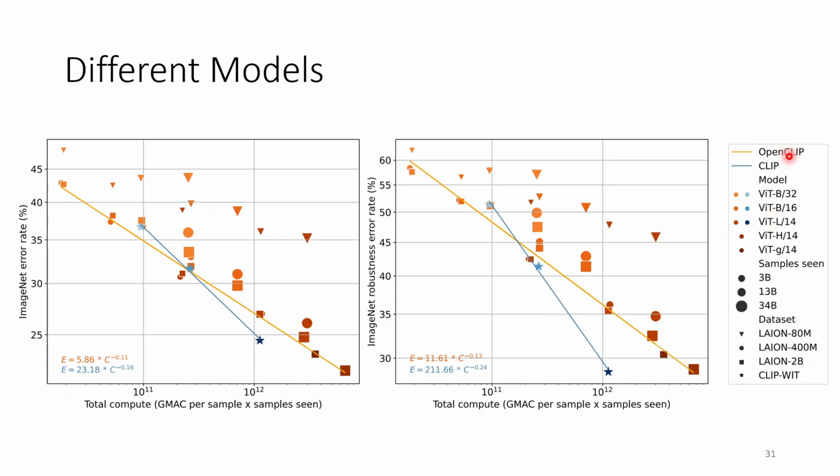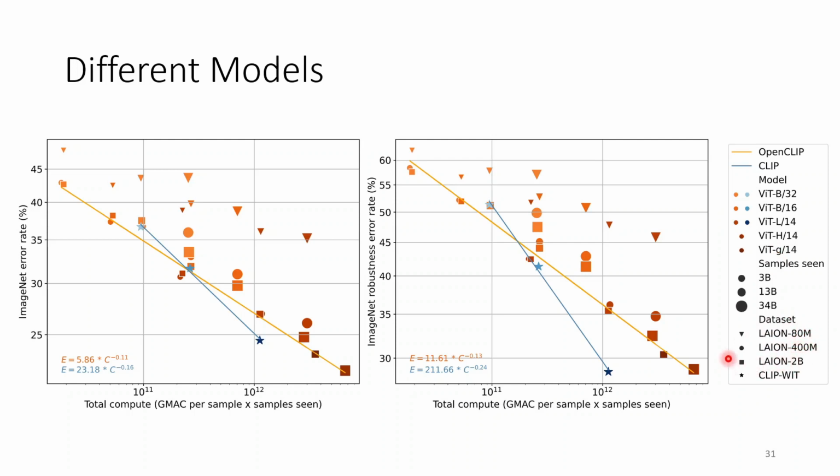Okay, for OpenCLIP, they also try different models, and the largest one is the ViT-G. It means the giant, the largest one. They train the models on different data sets: LAION 80 million, 400 million, or 2 billion.